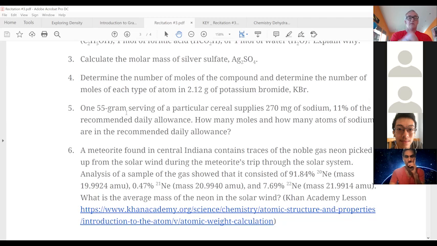Gas picked up from a meteorite shows that it had 3 different kinds of neon atoms in it: neon 20, neon 21, and neon 22. We want to know the average atomic mass of neon in that sample.